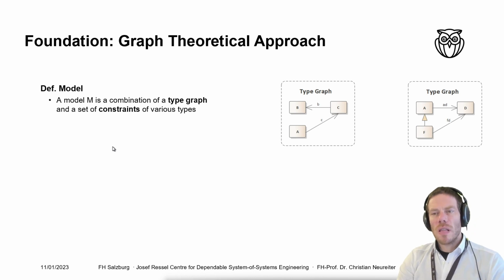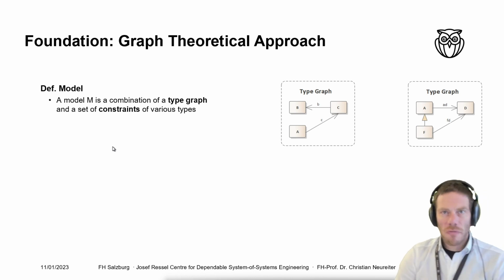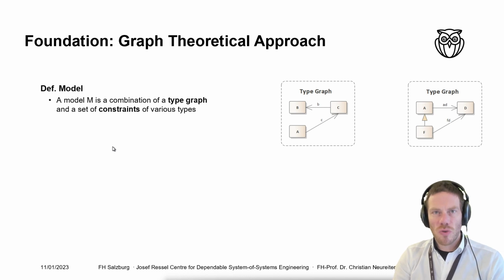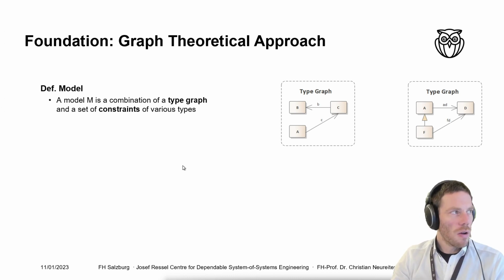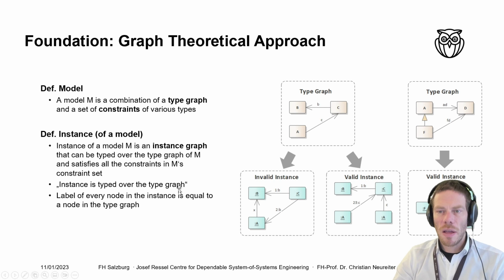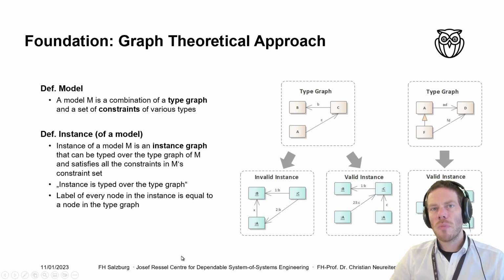This basically means that a type graph, together with some constraints, can guide how a model will look, or the other way around. If we have a particular model, we can verify if this particular model is valid in reference to the type graph and the constraints, or if it is invalid.